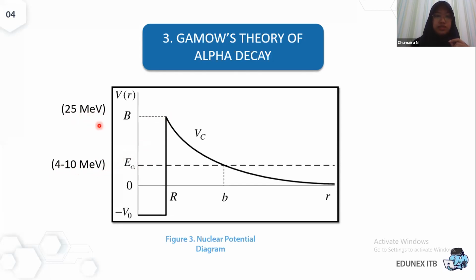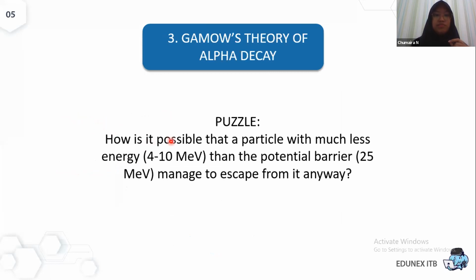So the question is, how is it possible that a particle with much less energy than the potential barrier managed to escape from it anyway, as we know that the alpha particle only has an energy of 4 to 10 mega electron volts. Meanwhile, the potential barrier has 25 mega electron volts.